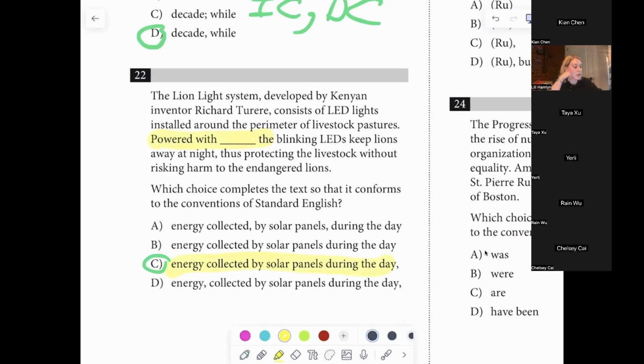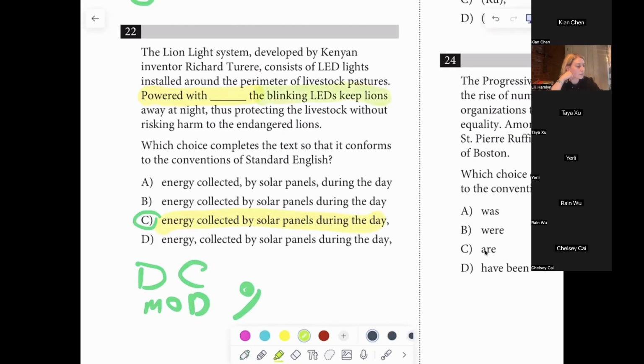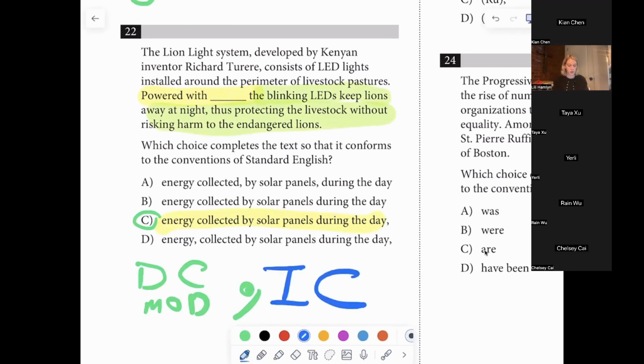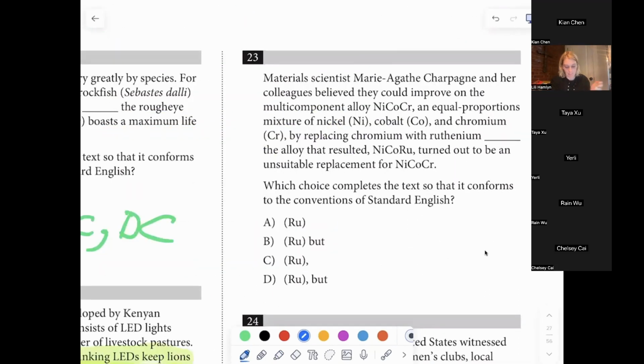We just need the comma at the end to separate the dependent modifying clause from the independent clause that follows. Does that make sense? All right. Does anyone have any questions on those ones before I start moving on to the rest? I don't want to skip if there's something people need to go over. All right, fab. 23, what did everyone get?